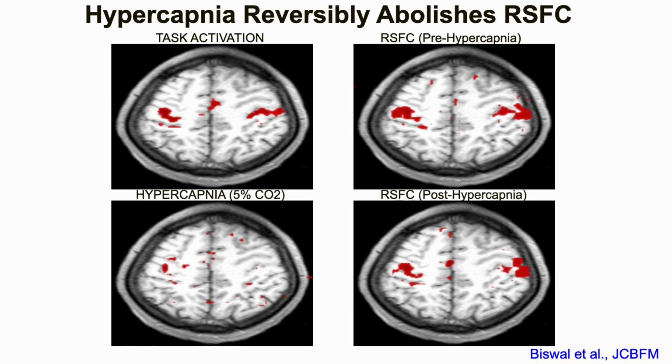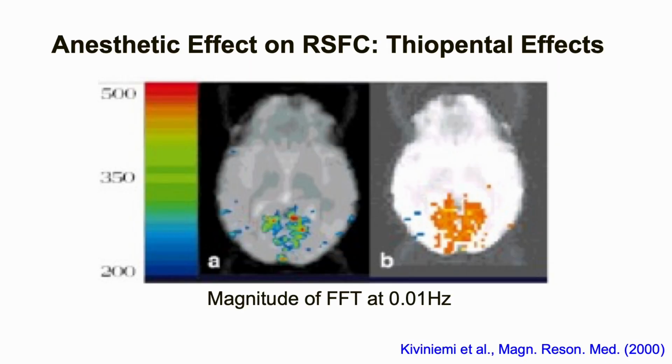And after the subject breathed room air, we could see that these connectivity patterns re-emerged, suggesting that by using physiology one could reversibly modulate these fluctuations.